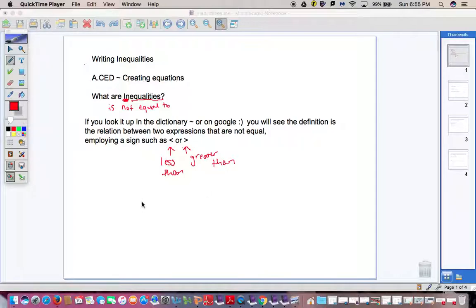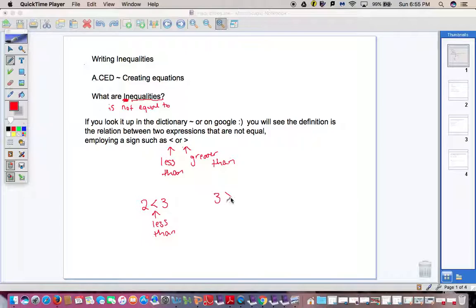And if we had 2 is less than 3, we simply read from left to right. 2 is less than 3. Now the point always points to the smaller number, or you might have learned that it opens to the larger number. Either way, the symbol still is read the same way. 2 is less than 3.